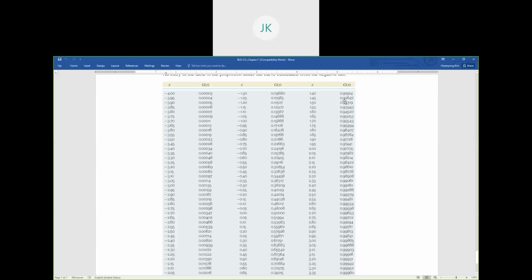Because 0.93 is between this one and this one, but closer to this one, so take 1.5.